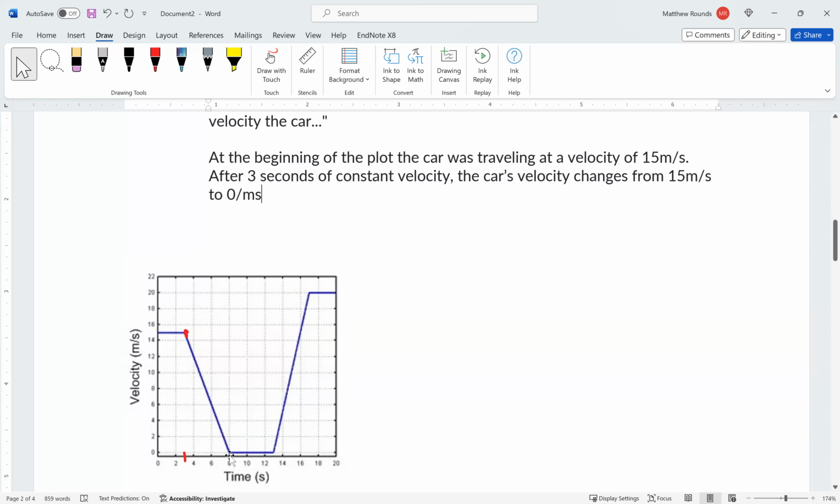It's going down to 0 meters per second in the next 5 seconds. So after 3 seconds, the car's velocity changes from 15 meters per second. It was 15, now it's 0 in the next 5 seconds. That's this line down here.